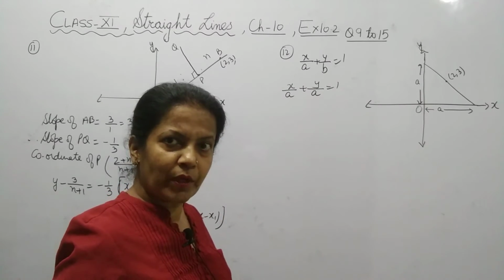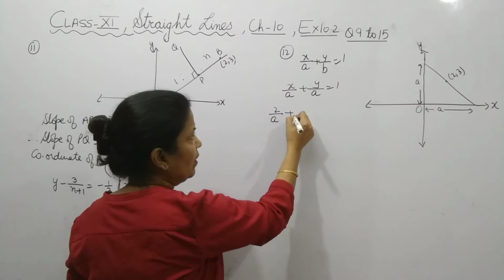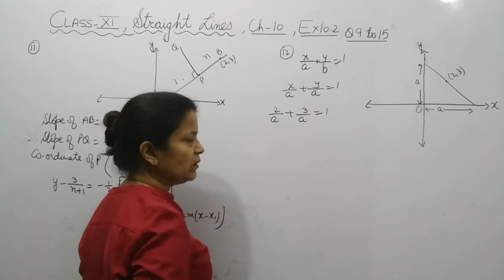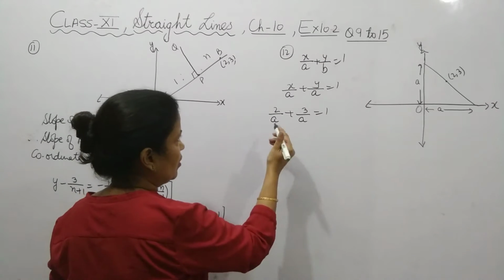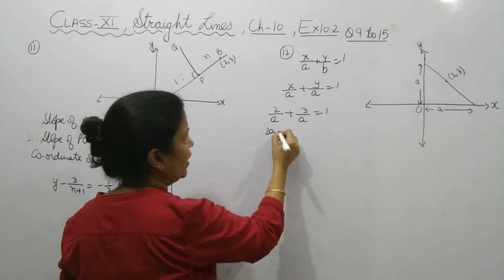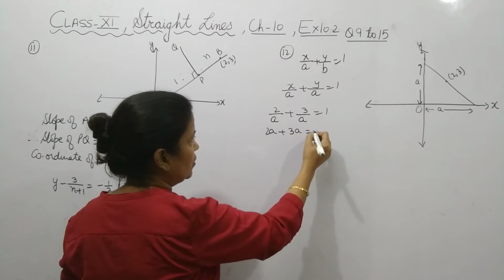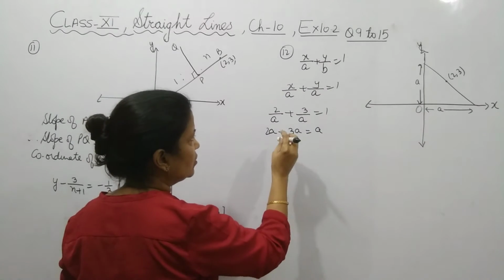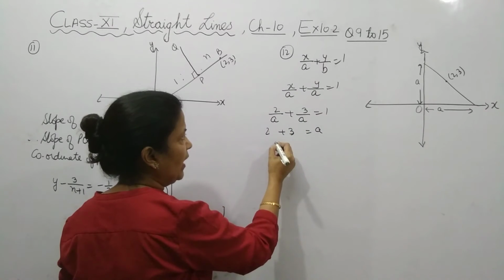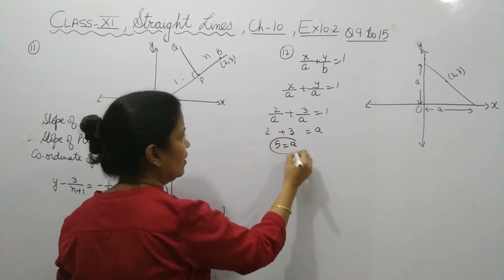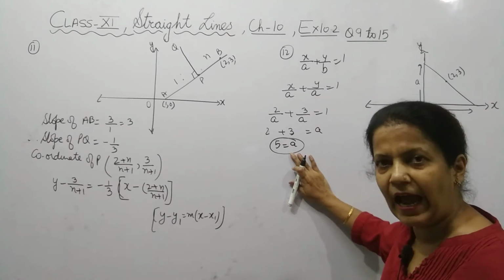So instead of x and y, we substitute 2 upon a plus 3 upon a equal 1. Solving it, 2 plus 3 equal a. So 5 equal a, and we have got the value of a as 5.